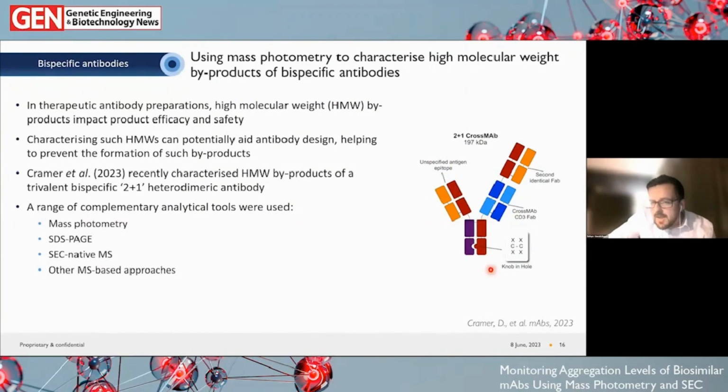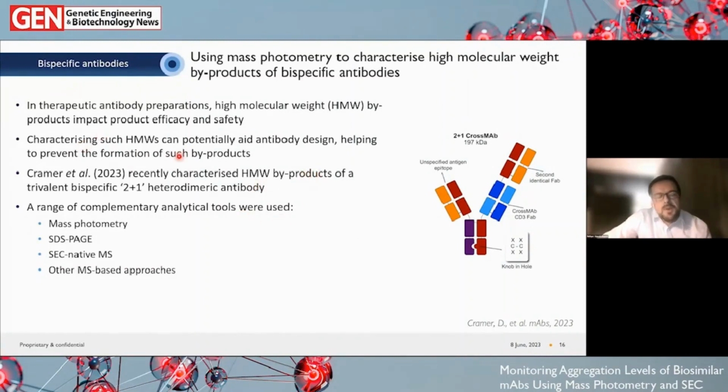In this particular case, there's the classic knob and hole approach of being able to promote the formation of heterodimers. So just as a way of ensuring that any homodimeric species are not formed, or the formation of them is kept to the smallest amount possible as an impurity. So this particular study characterizing high molecular weight byproducts is very important because it has an impact on product efficacy and safety.